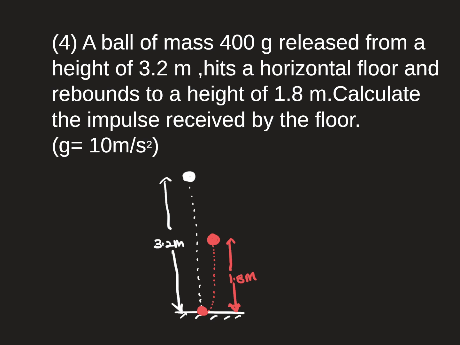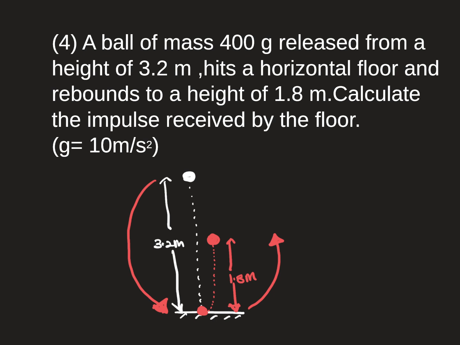All right, so we will consider this in two cases. That is, the body first was released from a height to have an impact with the floor, and after it moved upward again. We need to know the velocities, okay?